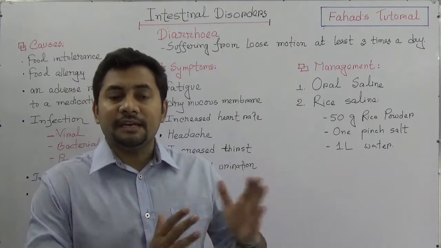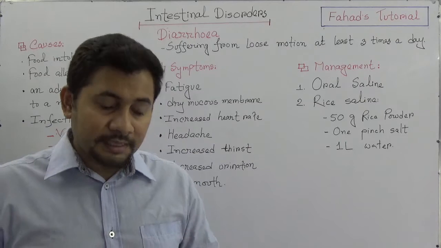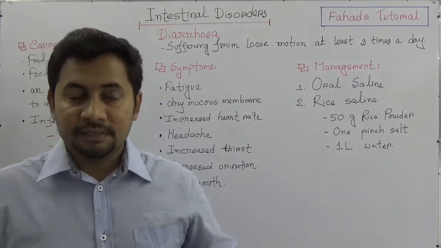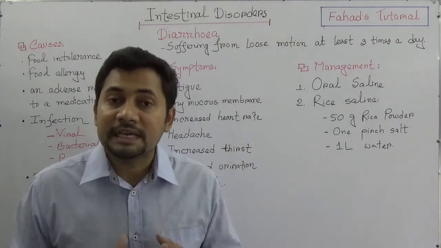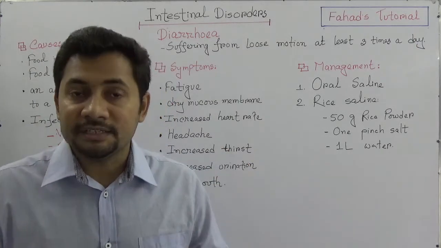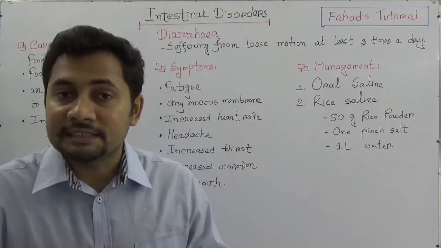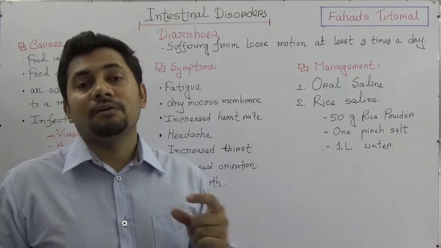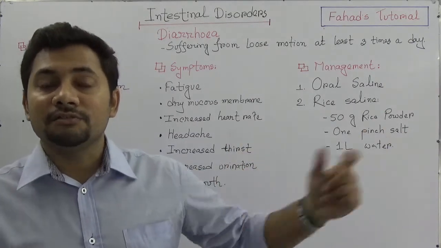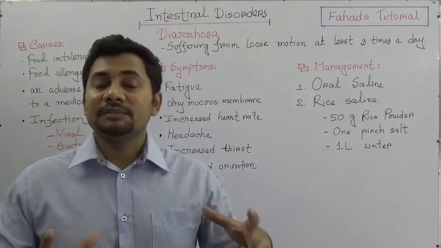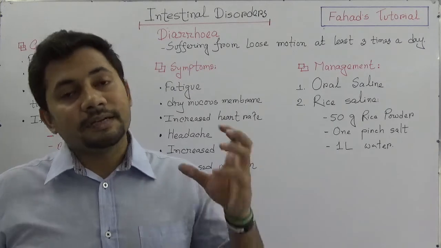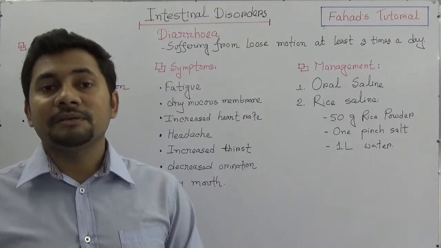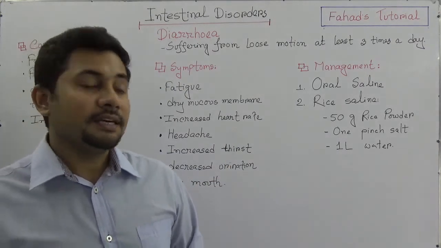Before going to that, the management: a person is losing water and electrolytes. So the first and foremost task is to rehydrate that person, rehydrate that kid, with ORS or oral rehydration solution. Oral saline is available in the market in most countries and can be given to the person facing diarrhea.